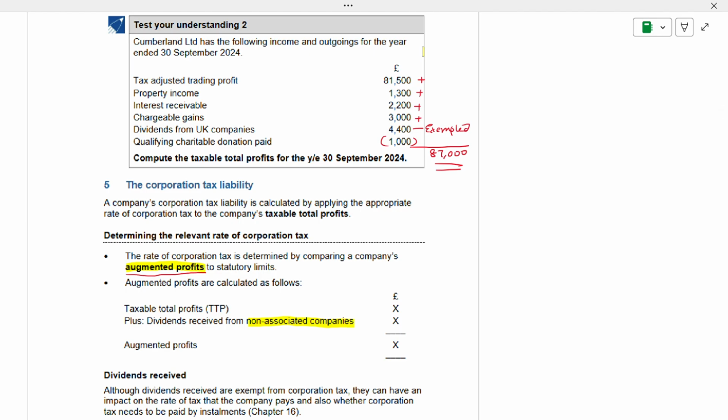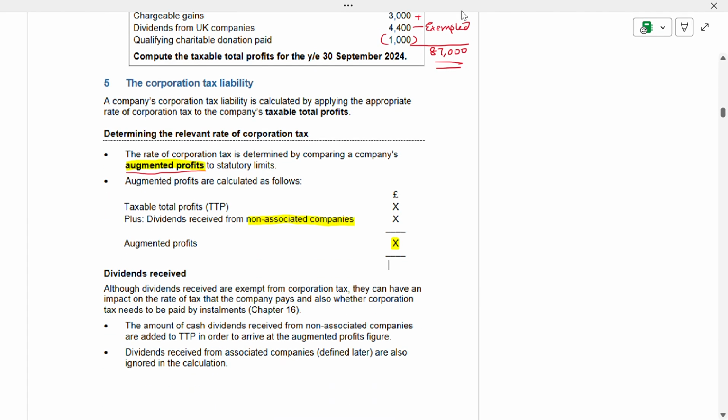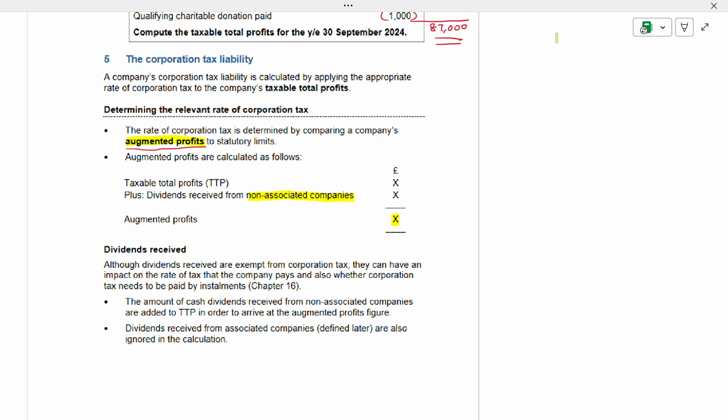What is augmented profits? Taxable total profits plus dividend received from non-associated companies.